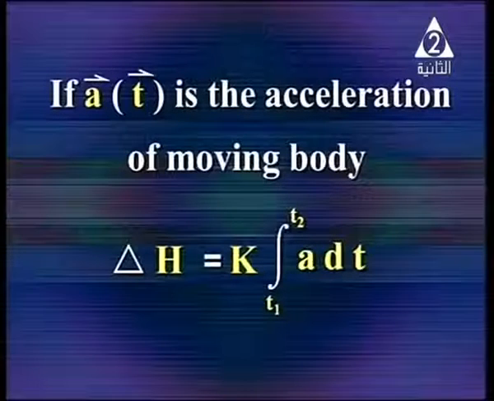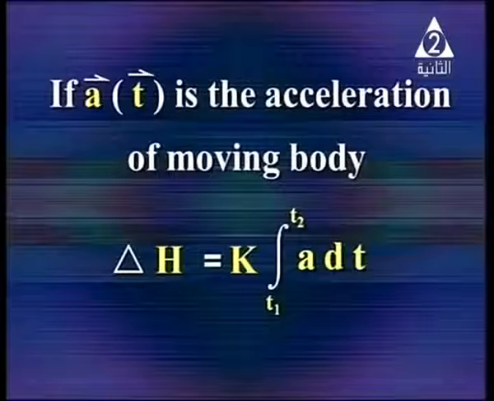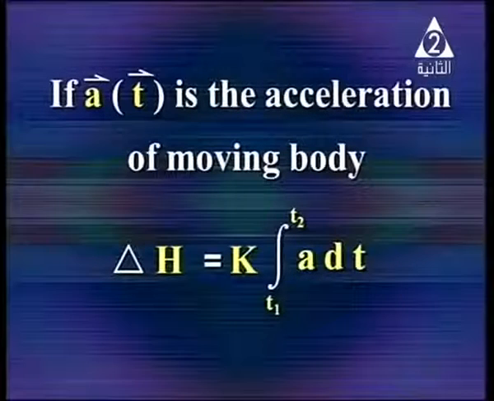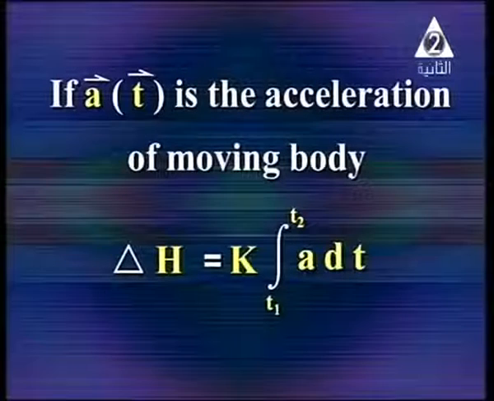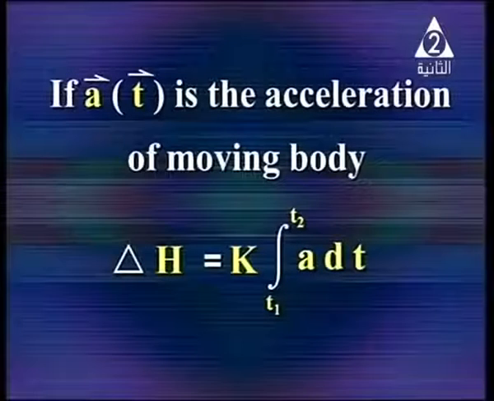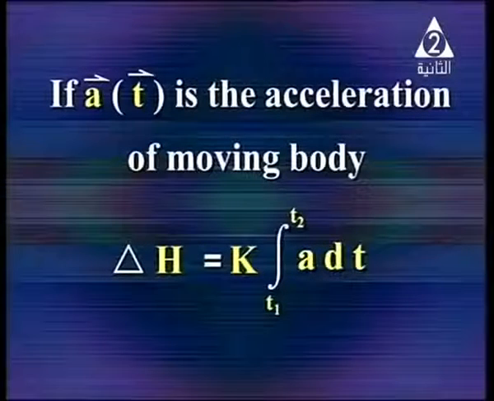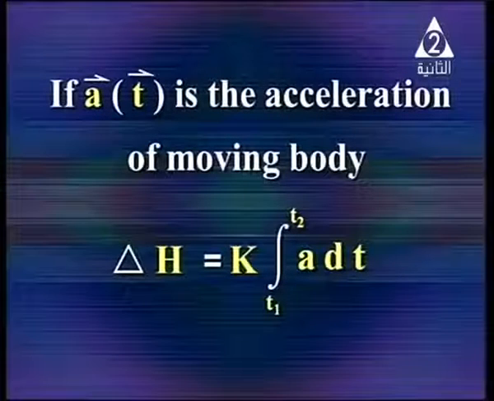When we find delta h by using acceleration, we first find the velocity by integration of the acceleration. After that, m is a constant multiplied by the integration of a with respect to t.